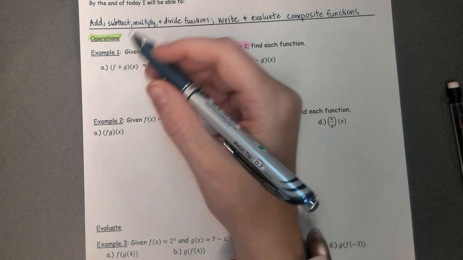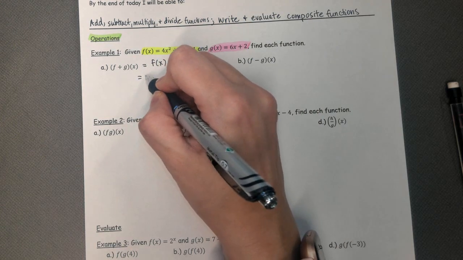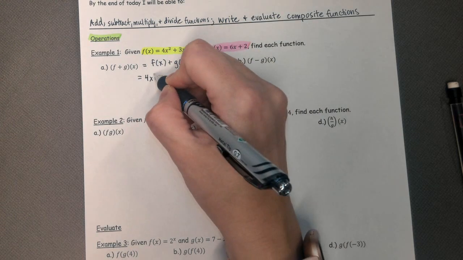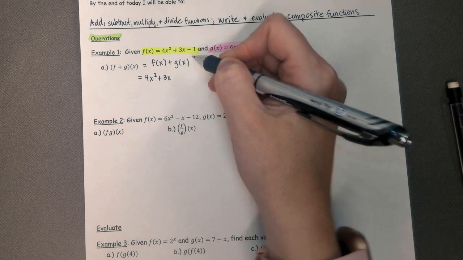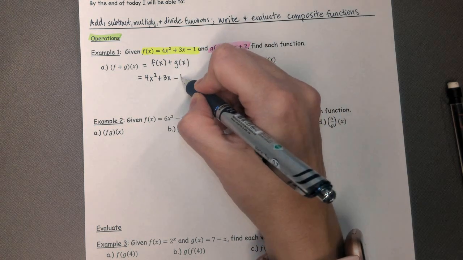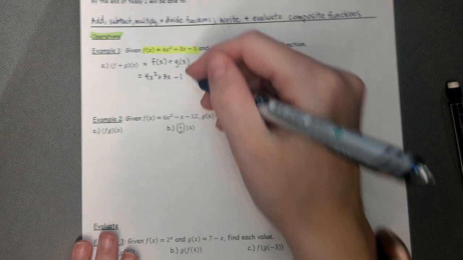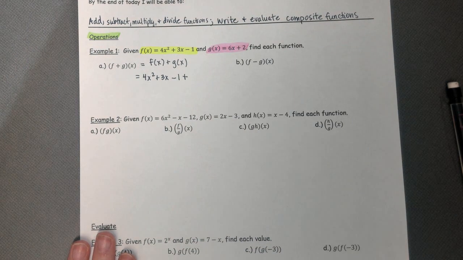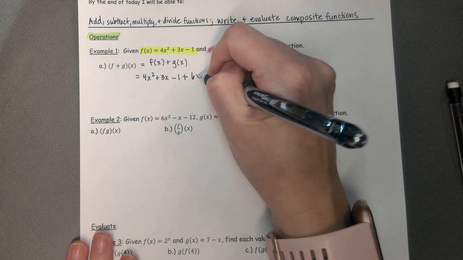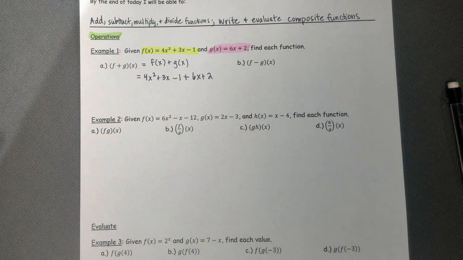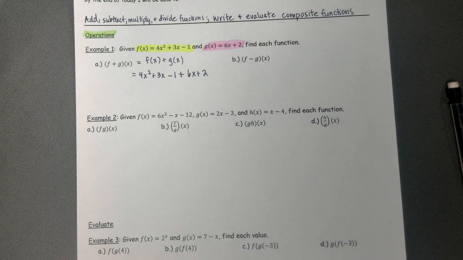Okay, and so we're going to do 4x squared plus 3x minus 1 plus, and then our g of x is 6x plus 2. Now when you're simplifying, all you have to do is combine your like terms.